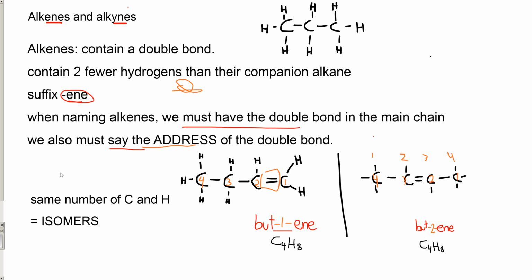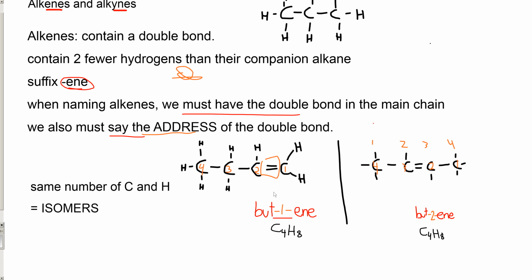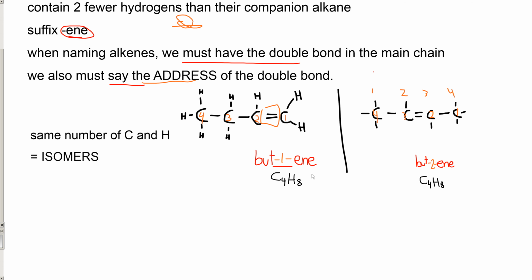But if you have the same number of each type of atom, but everything is connected in a different way, those are called isomers. And the longer your chain, the more kinds of isomers you can get. So yes, they are different molecules, but they are made out of the same number and type of atoms. So you might notice that when there's 4 carbons, there's 8 hydrogens.